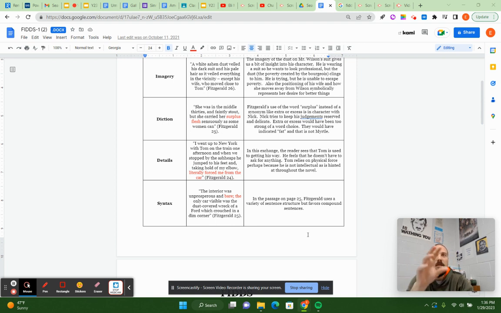So we get this weird imagery of everything being pale, with this sick, ashen color to it. And then you've got this guy with a dark suit that stands out among the paleness, right? It's almost a weird contrast between these two colors. That's a mental picture, right?